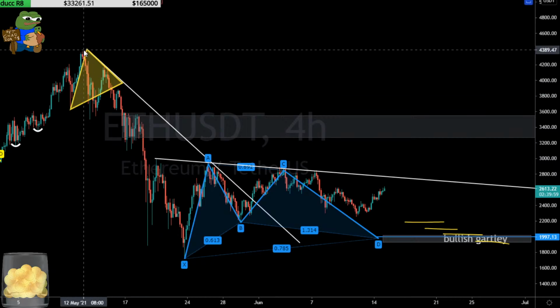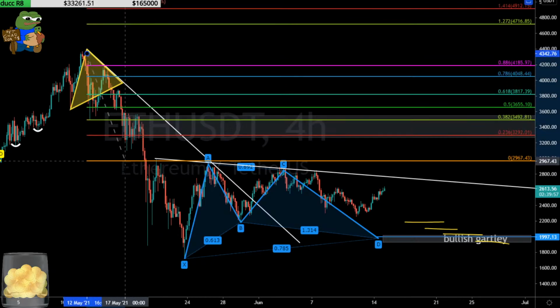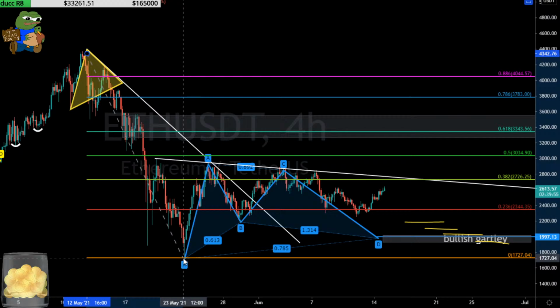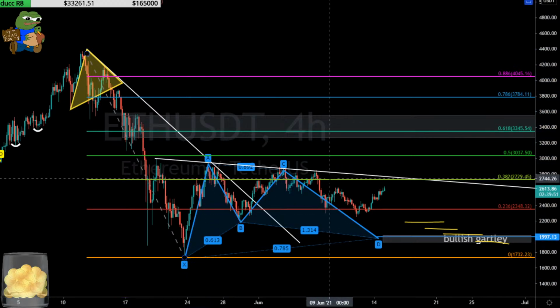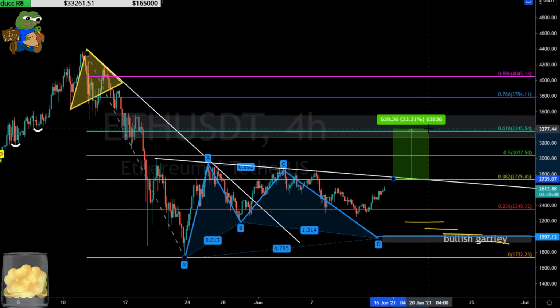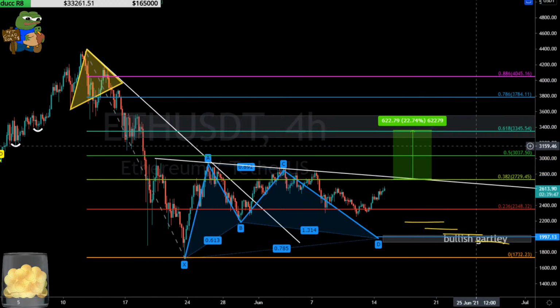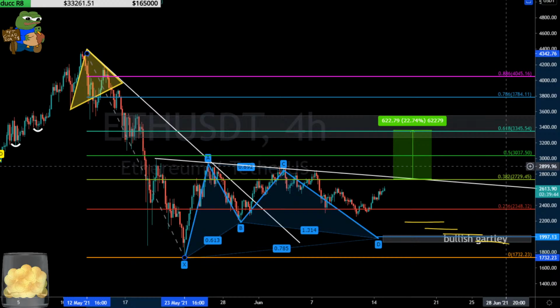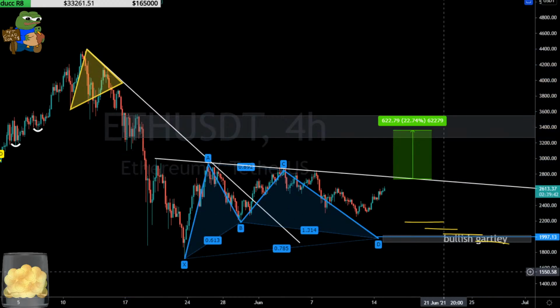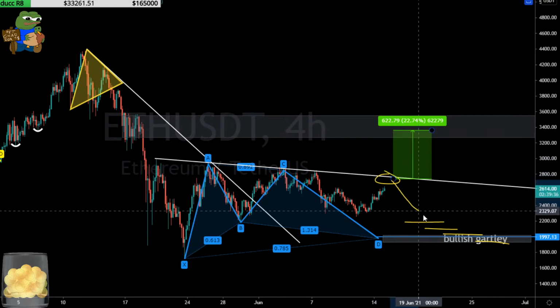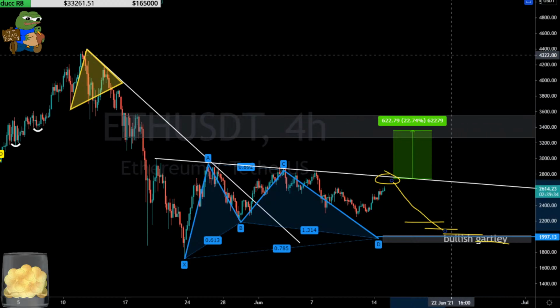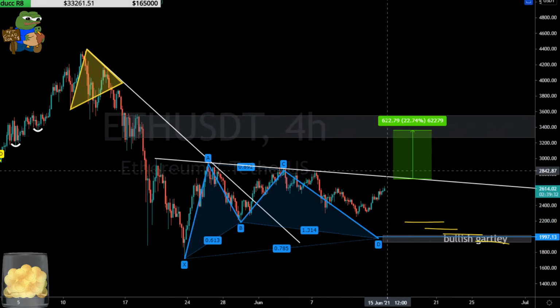Ultimately, this is still the swing high, May 12th, and this is still the swing low, May 23rd. Golden zone still lies just ahead, okay? So pretty critical area. Again, if you hit that 786 and you reject, you can go right back down to possibly that 2K area, right?